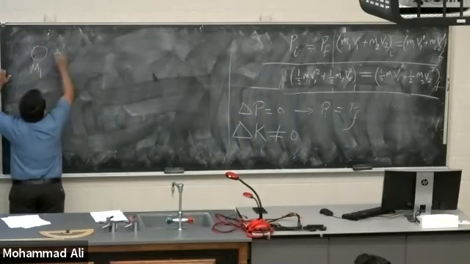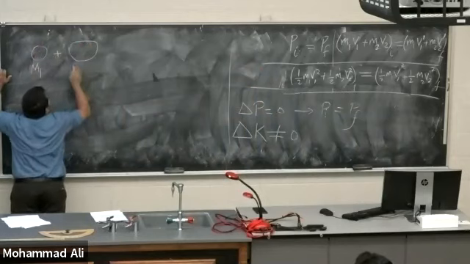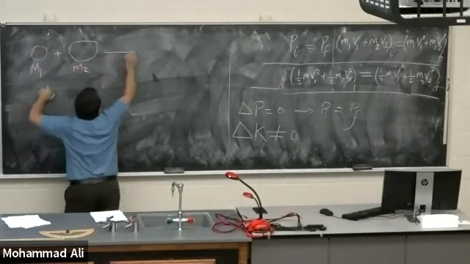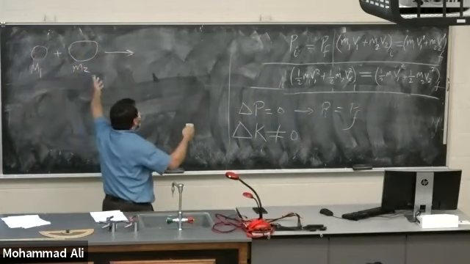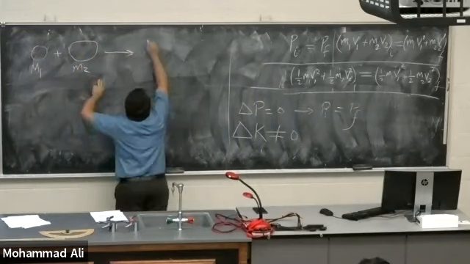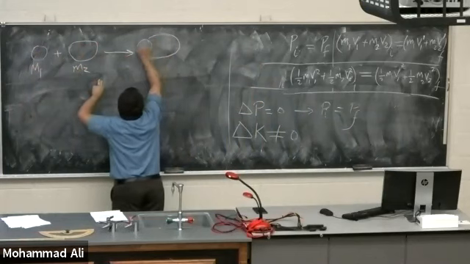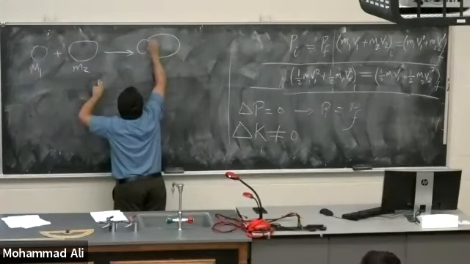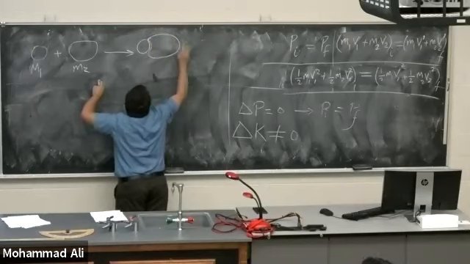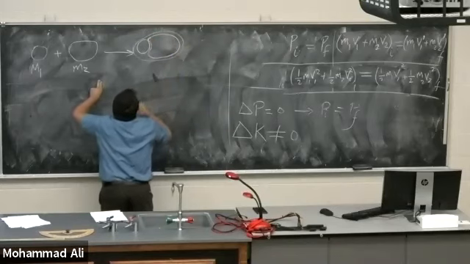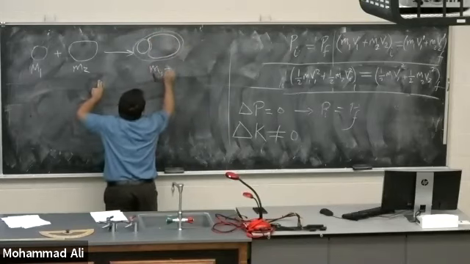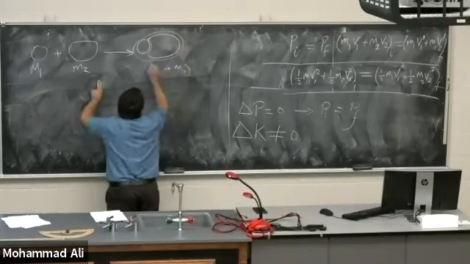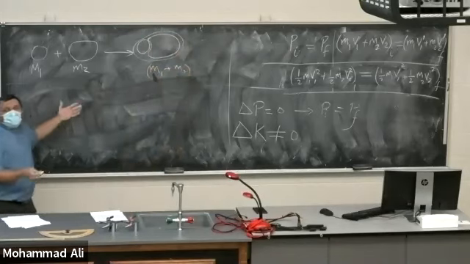If we have another mass, M2, after the interaction, like a chemical interaction, there will be just one object. This is M1 plus M2. We need to deal with them like this.